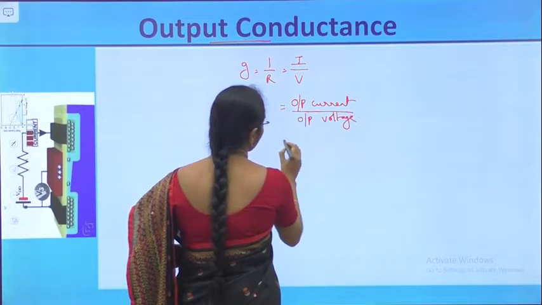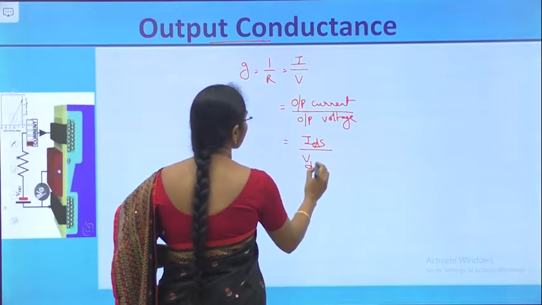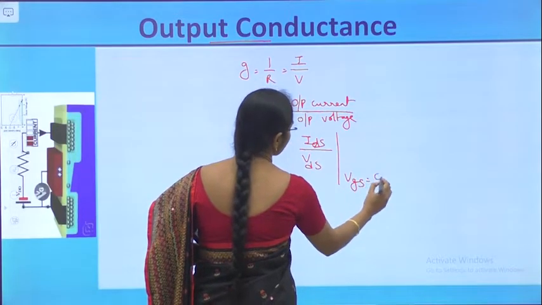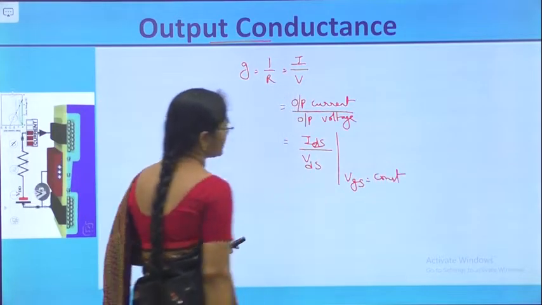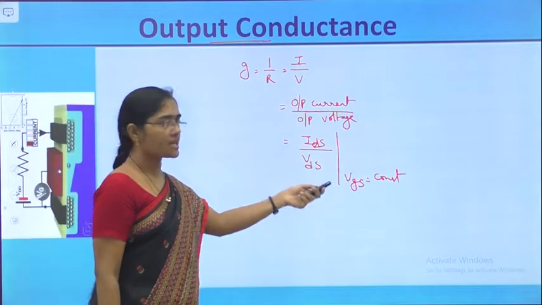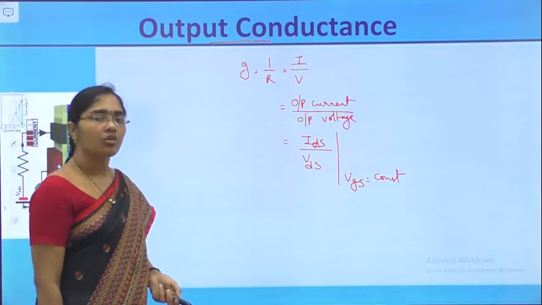So what are the output currents and voltages here? Output current is IDS, output voltage is VDS, with the other voltage, VGS, held constant. Now let us take IDS non-SAT and IDS SAT and differentiate with respect to VDS and find the output conductance value.